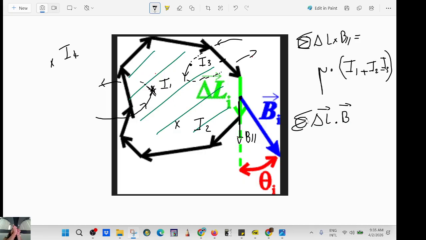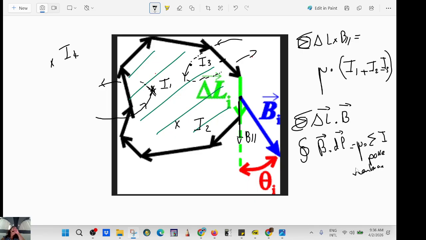It's not an open path, it's a closed path. So that will become a closed path. So it's a line integral, but it's closed because I go around and then you go B dot dl, equals mu 0 and then the sum of the current that threads, or you can say pokes through, the membrane. Okay, so that's Ampere's law.